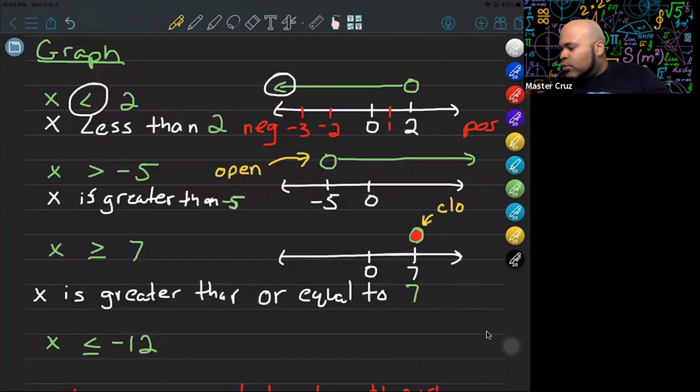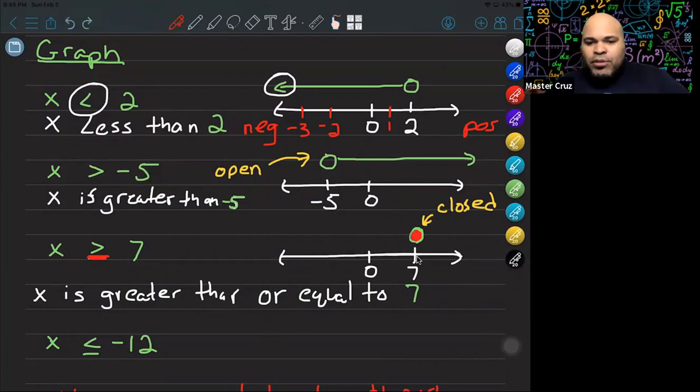Closed circles are always used when you have equal to. The way I like to think about it is that this line at the bottom fills in the circle.